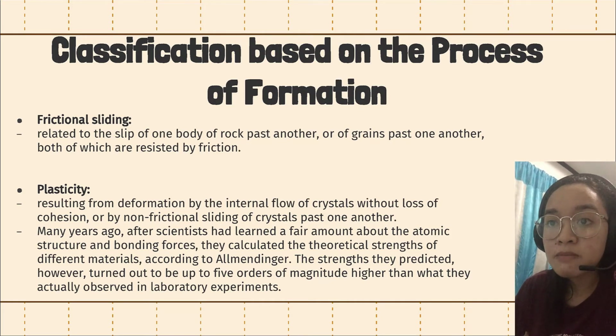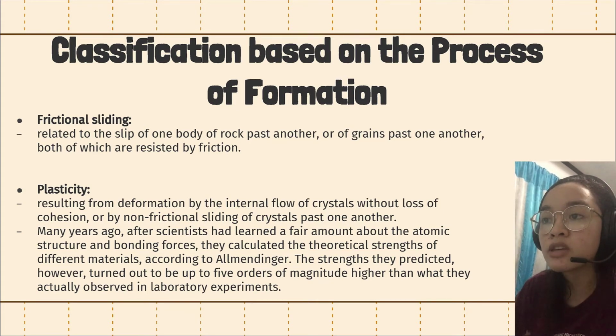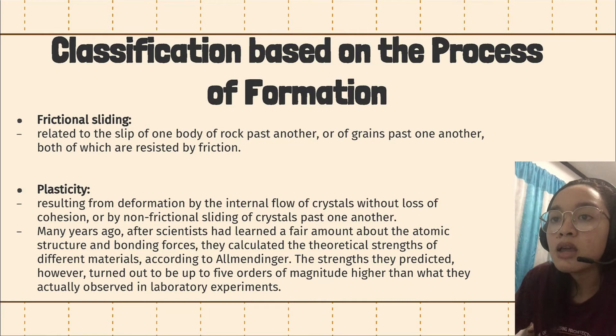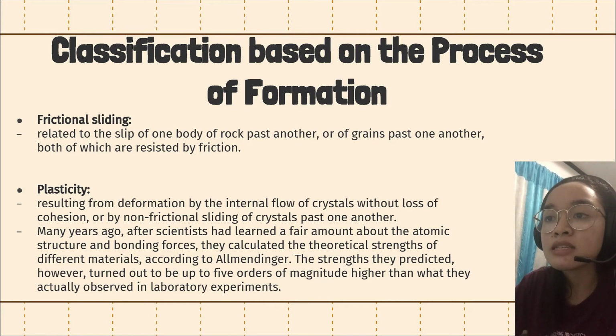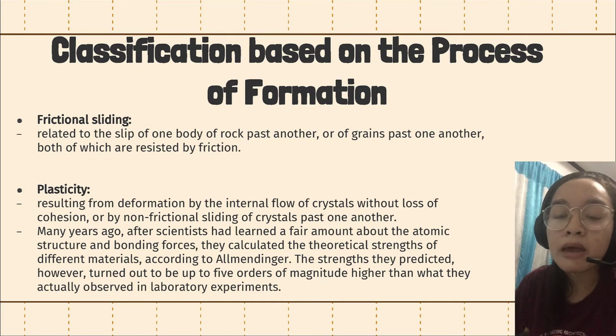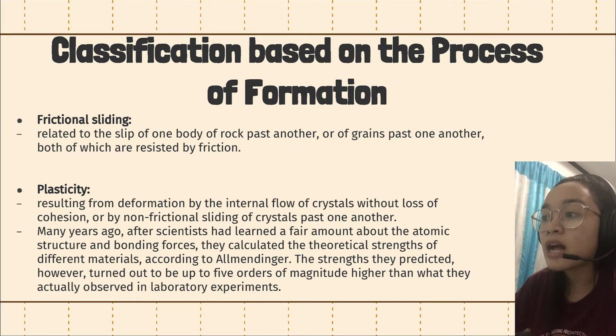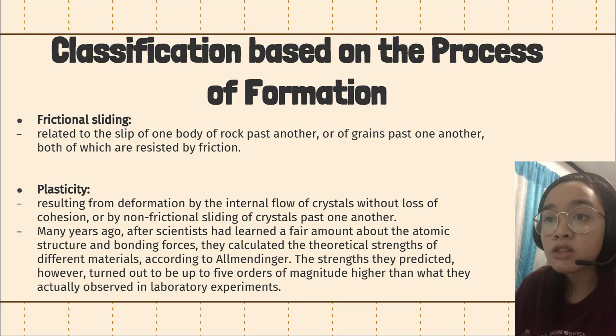The third type is plasticity, which is resulting from deformation by the internal flow of crystals without loss of cohesion, or by non-frictional sliding of crystals past one another. Many years ago, after scientists had learned a fair amount about the atomic structure and bonding forces, they calculated the theoretical strengths of different materials according to Allmendinger.